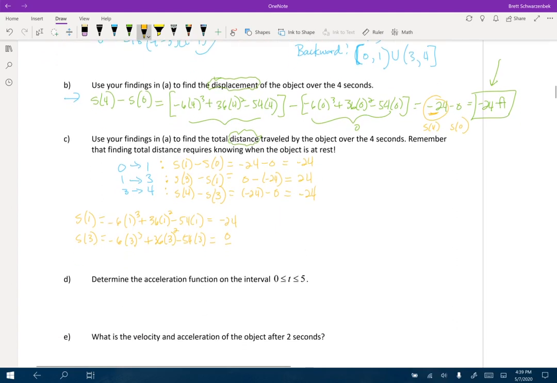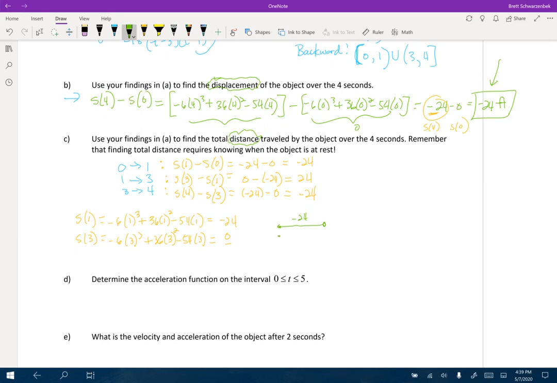So if I was to do a diagram, this is what it would look like. So suppose we were at 0 seconds. From 0 to 1 seconds, I go backwards 24, so -24, and I end up here. Then I take a rest.